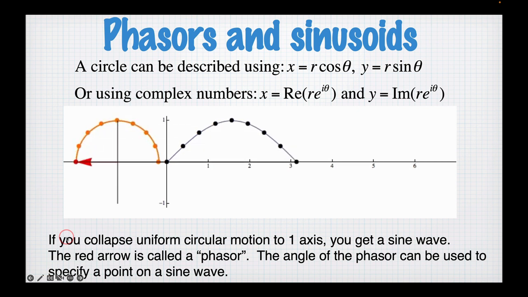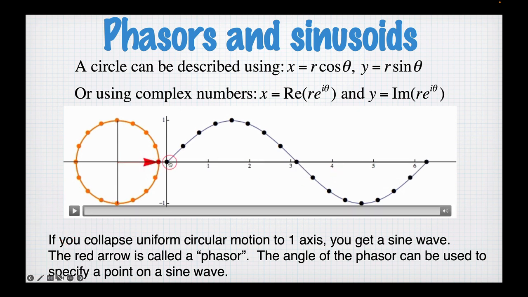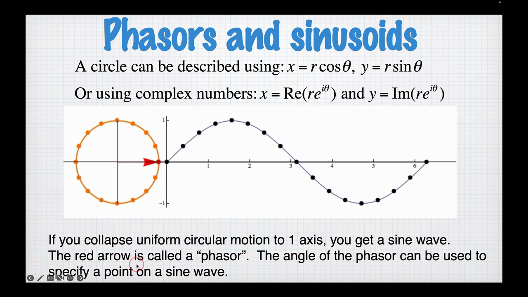And we see that as the thing rotates at constant speed, as we plot out the angle of rotation on this axis here and the height on the vertical axis, we get a sine function. So this is a projection of the vertical component of this phasor as we increase the angle theta. If we were to project the horizontal component in this direction down here, then we would get a cosine wave.